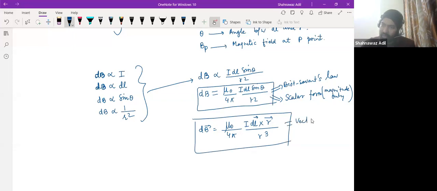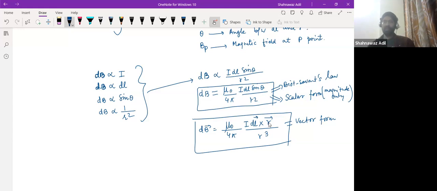And remember, what kind of product is this dl cross r? The name itself has the answer.